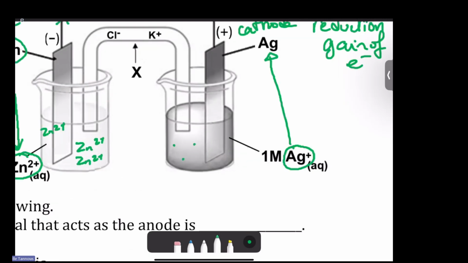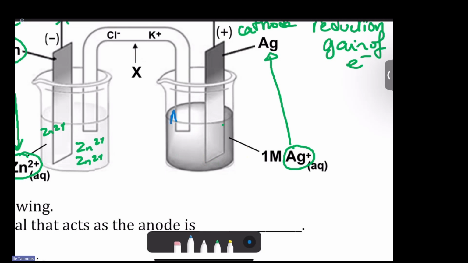So previously we have a lot of silver ions along with a lot of negative ions. Let's say this solution is AgNO3, so I have a lot of NO3 minus. I'm going to write with a different color.